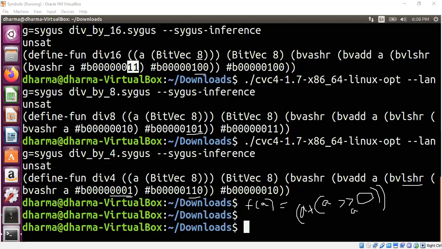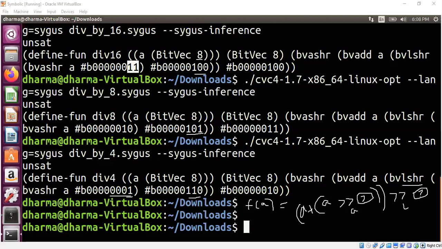We have to fill in these 2 constants, which are a function of the k that I was talking about.